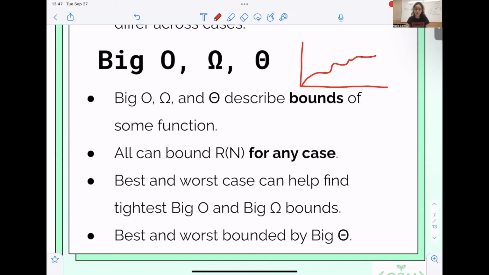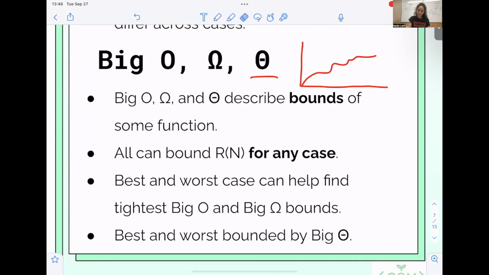We could use big O, big omega, and big theta to describe the bounds of that function that we might see on Berkeley Time, right? So that means that these bounds can be applied to any case, okay? Because the best case, the worst case, the average case, they're all going to have some growth function that we can put on a graph and then we can describe using O, omega, and theta, all right?